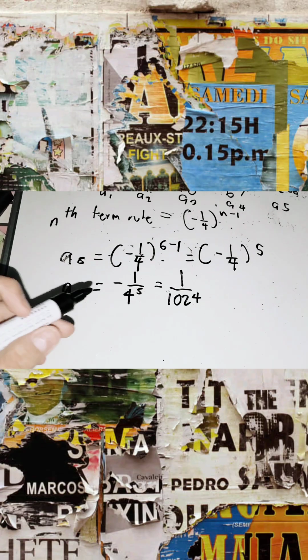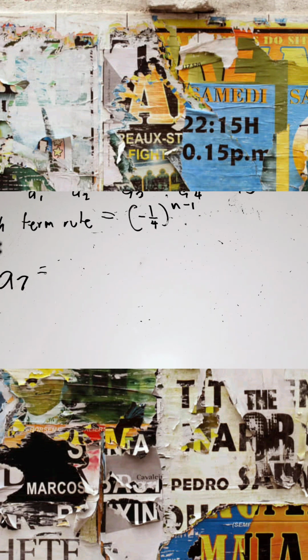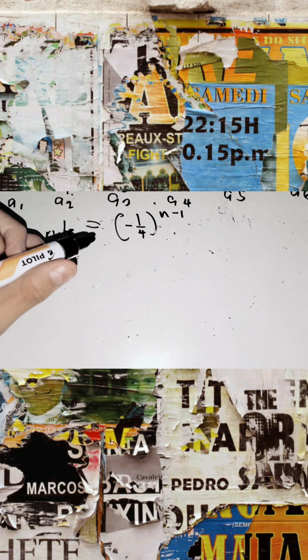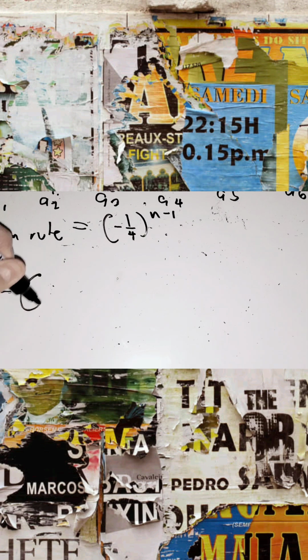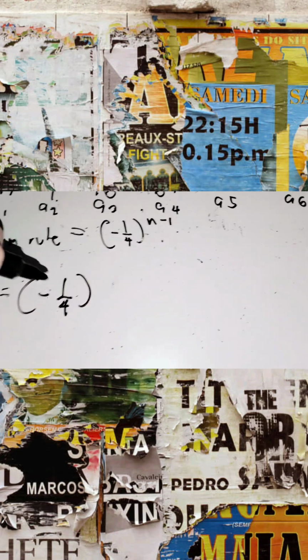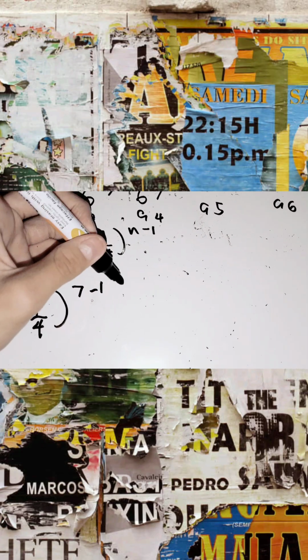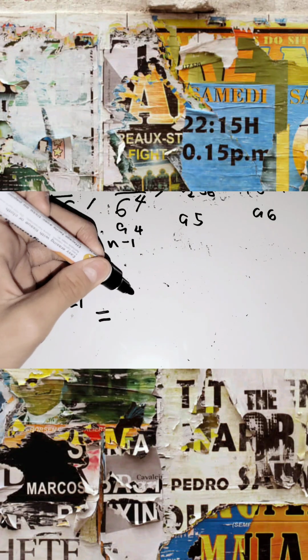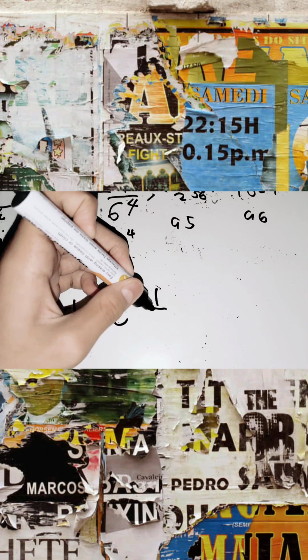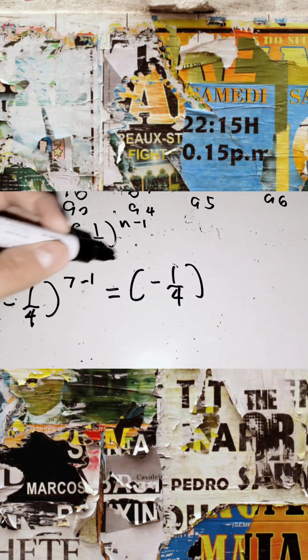Now we're going to proceed to find the last term, which is the seventh term. Follow the nth term rule. The number of the term is 7. 7 minus 1 is 6.